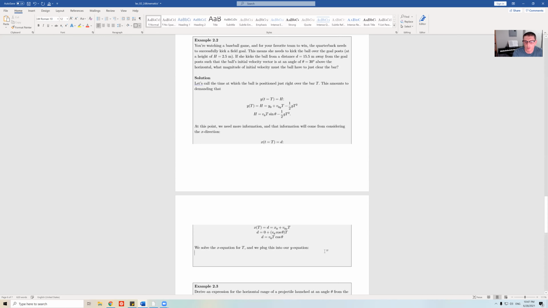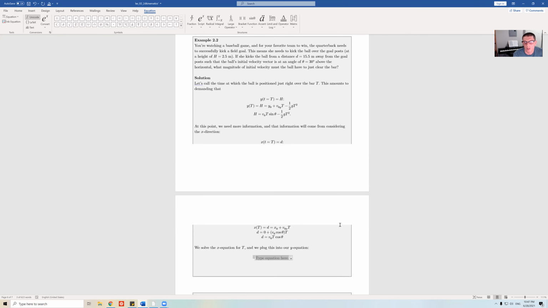So this is going to give us, let's see, t is d over v naught cosine theta.